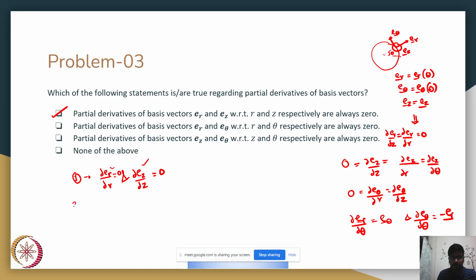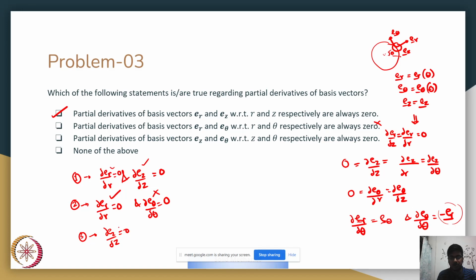The second option says dou ER by dou R is 0 and dou E theta by dou theta is 0. Dou ER by dou R is 0, but dou E theta by dou theta is not 0. As we mentioned, it should be equal to minus ER. So the second one is false. The third one says dou Ez by dou Z is 0.